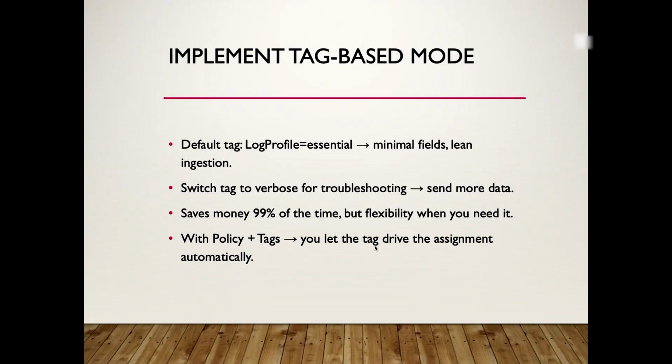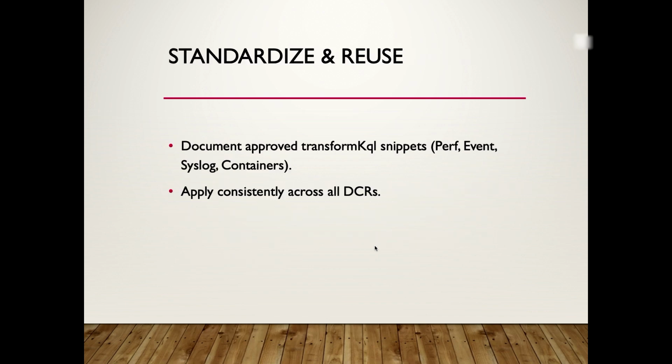It's almost like setting up a VM in debug mode, but you're going to do this just by changing the tag. So this is pretty much what we would do. You switch the tag and change it to verbose for troubleshooting. This saves a lot of money because you're not capturing everything unless you're in that verbose mode and you set it up using a policy.